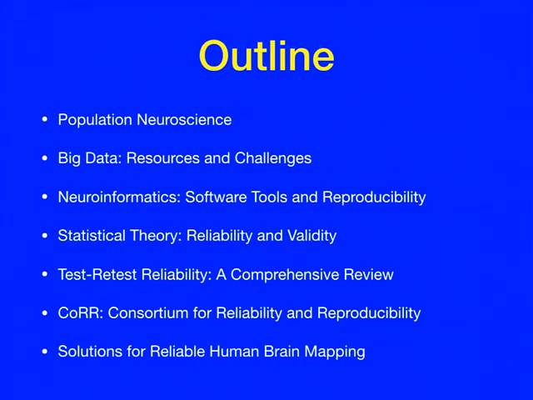The outline I'll give you: the first two items I don't need to talk about too much, you already covered those. I will turn to the neuroinformatics-related things about software tools and reproducibility.